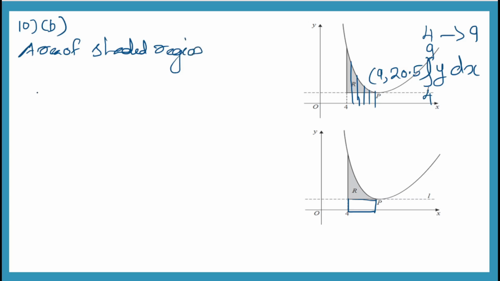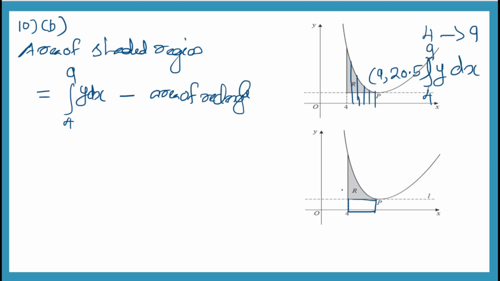That is, required area equals integral 4 to 9 y dx minus area of rectangle ABCP.